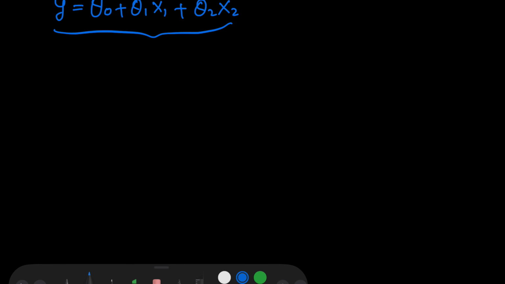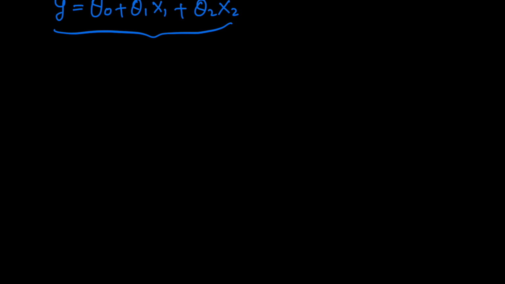So now let's create the computation graph for this. How will that look? Well, let's see. So we have theta naught here, theta 1 here, x1 here, theta 2 here, x2 here.